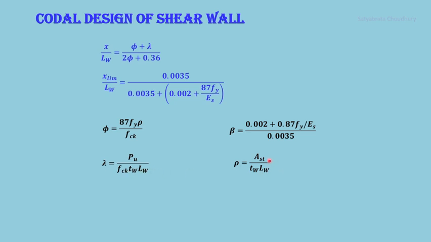Now 0.002 is the strain in the steel. This is the strain allowed by the code, and 0.87 Fy by Es is the real strain given by the steel. 0.87 comes from the partial factor of safety for material, which is 1.15 for steel. Reciprocal of 1.15 is 0.87, and 0.0035 is the maximum strain in the concrete that is allowed in the Indian code.